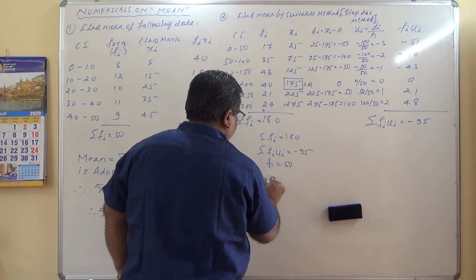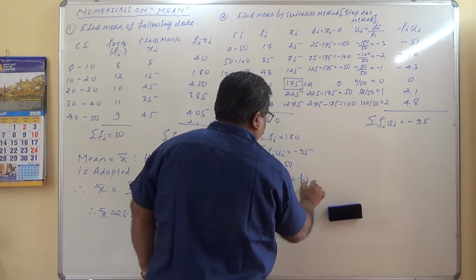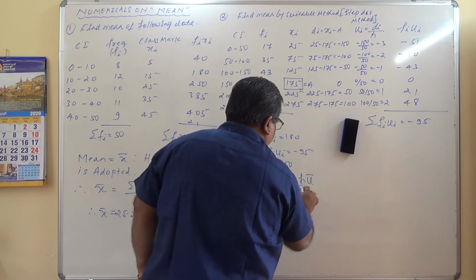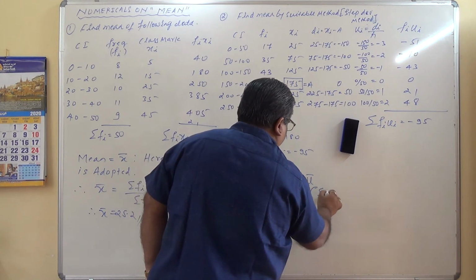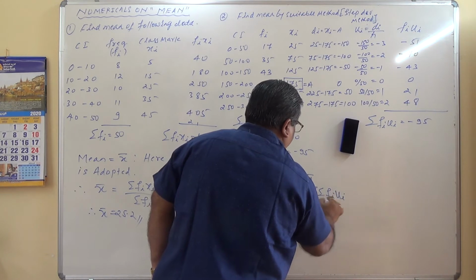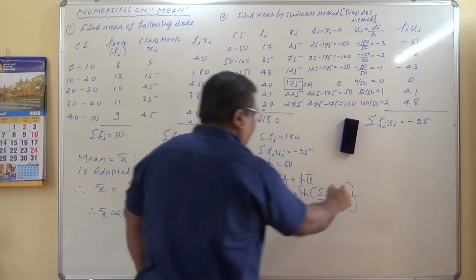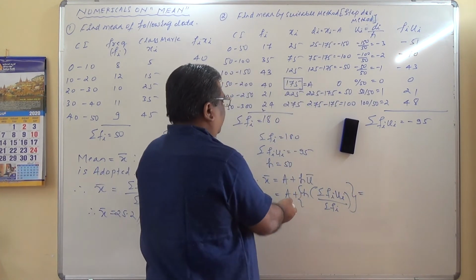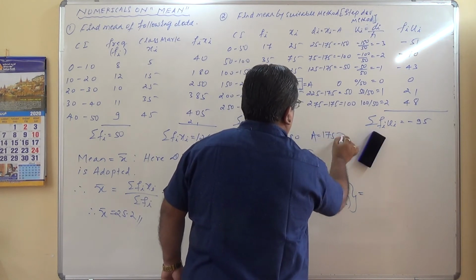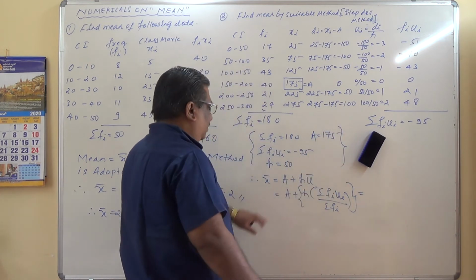Therefore x bar equals a plus h times u bar, which is equal to a plus h times sigma fi ui divided by sigma fi. Okay, a is how much? A also I'll populate here. A equals 175. So all the values we have populated here, and then I can substitute the values.